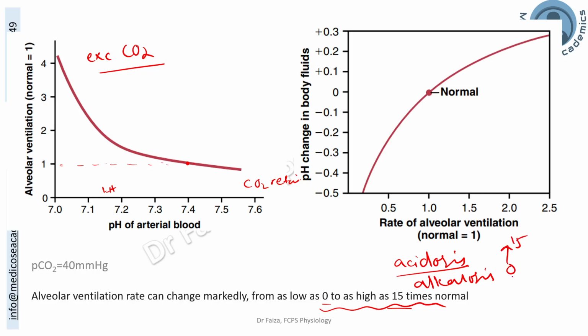Whereas for alkalosis, it has to hypoventilate and it has a very less capacity to hypoventilate as compared to the very high capacity for hyperventilation. So the correction for acidosis is going to be more effective as compared to correction for alkalosis.